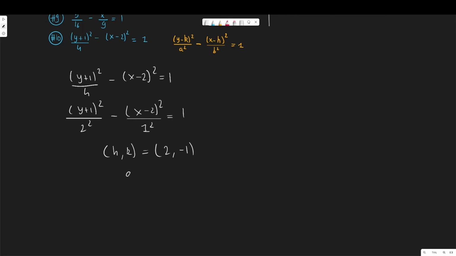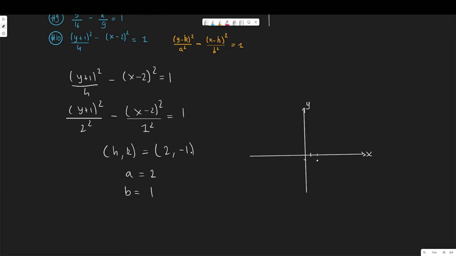And for our a coefficient, we have that this is equal to 2, and for our b coefficient this is equal to 1. So let's try to sketch this. Let's draw our x and y axis like so. So the point (2, -1) will be, if this is 1, 2, and this will be -1, over here will be the center of the box.